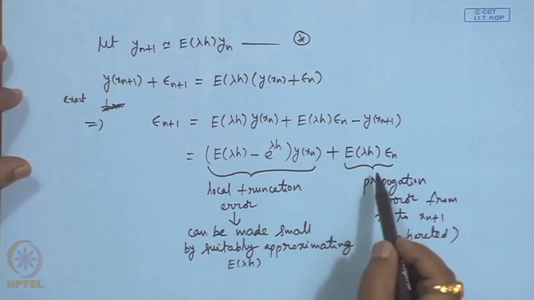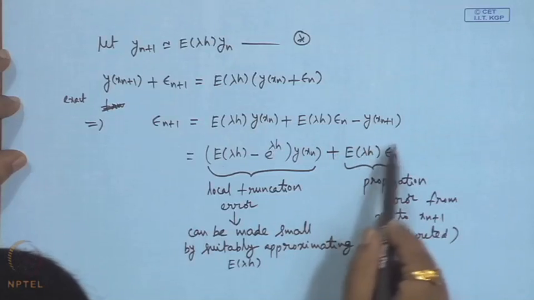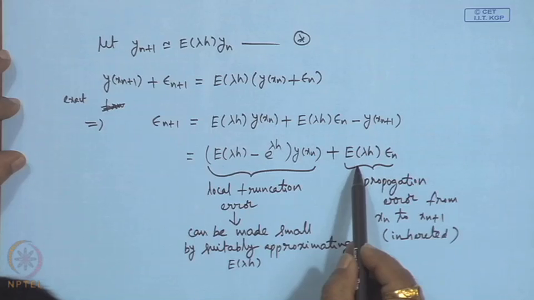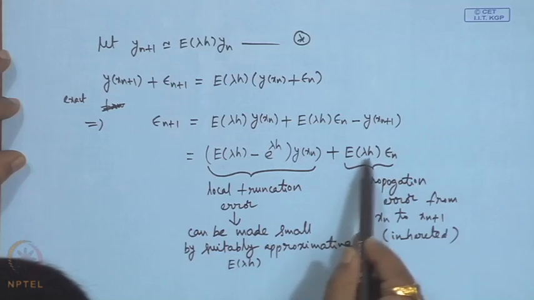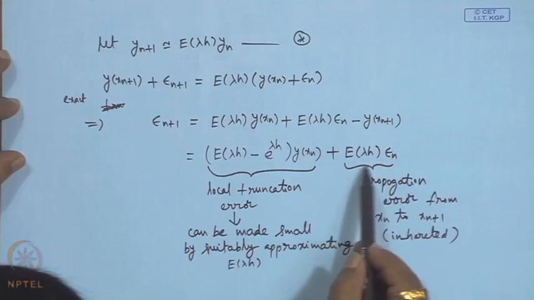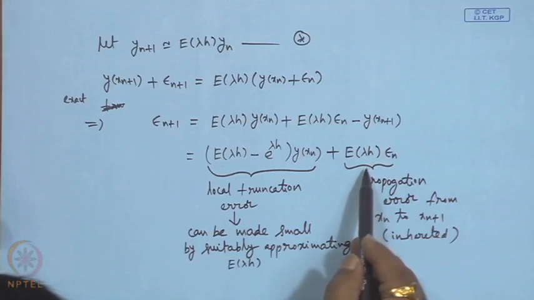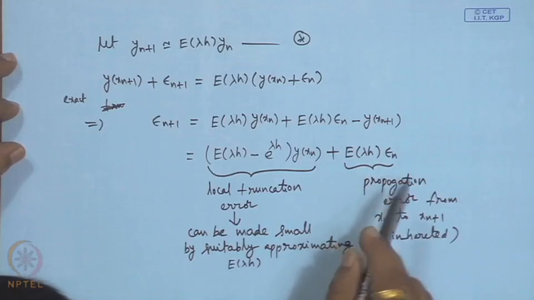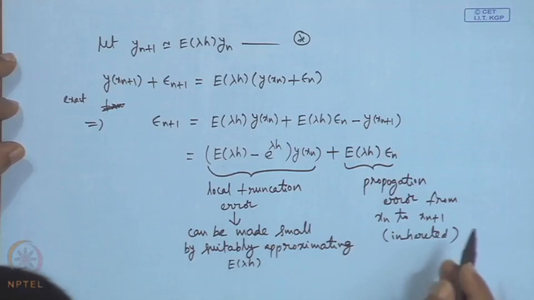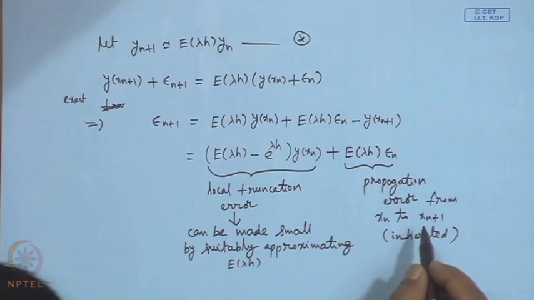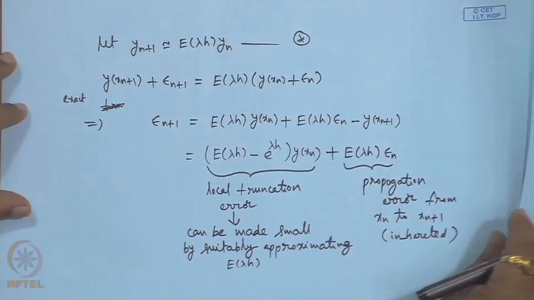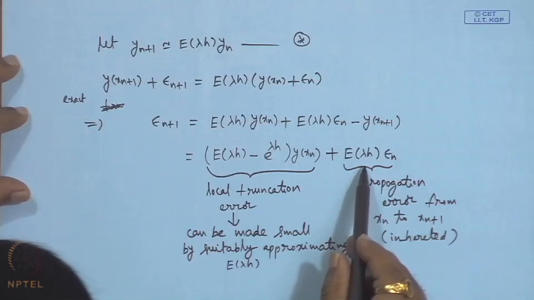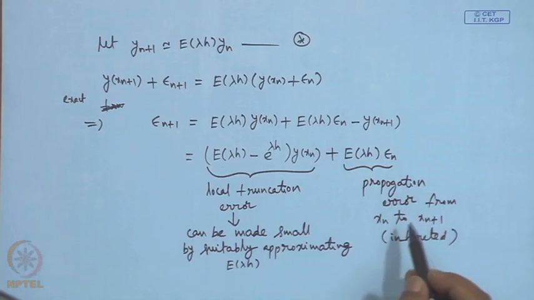So, now one can guess easily how do you minimize this? Yeah, as long as your approximation is not magnifying, because this is the factor by which error at nth stage is magnified. So, when do you say the propagation error will diminish? If E of lambda h is not magnifying it to a large extent. Okay. So, we discuss this is the stabilizing factor, because what is the stability?